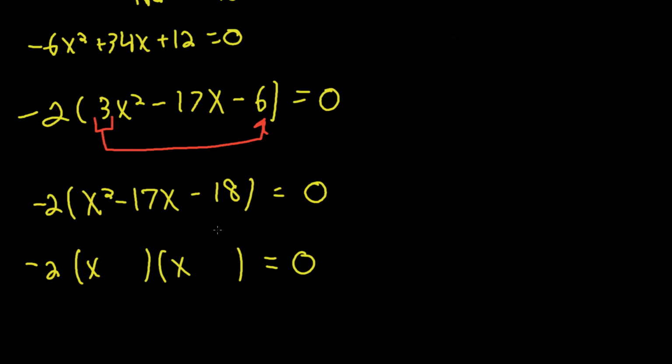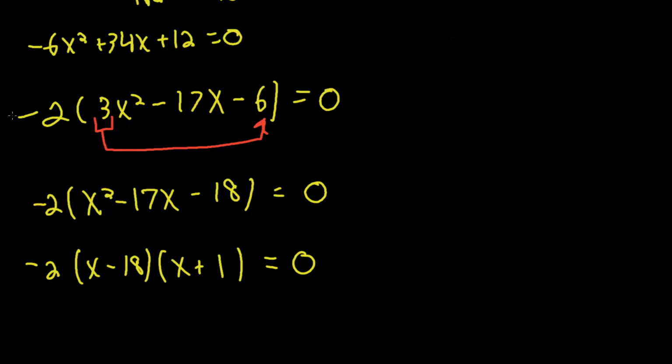Two numbers that multiply to get negative 18 and add to negative 17. Well, how about negative 18 plus 1? Negative 18 times positive 1 is negative 18. Negative 18 plus 1 is negative 17.